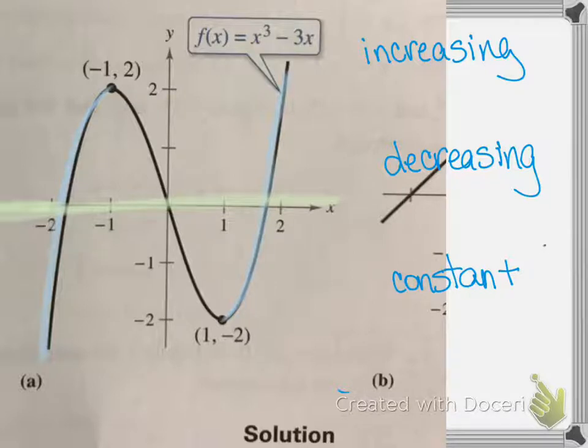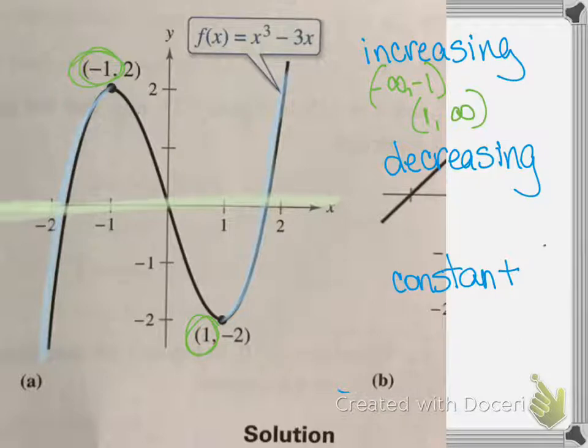So I write my increasing is negative infinity to negative 1. Then my second part of the graph that's increasing is positive 1 to positive infinity, because I'm looking at these x values right here.